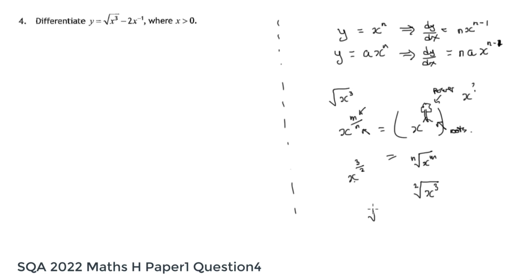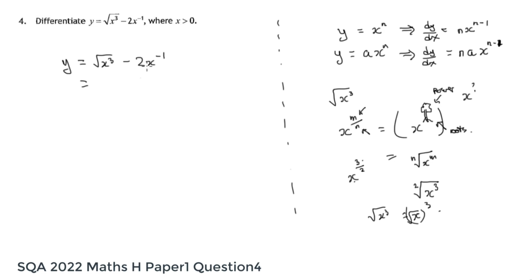Doesn't matter whether it's the square root of x cubed or x, the square root of x cubed. Both of these are the same. But in this case, they're cubing x and square rooting. x to the 3 over 2. So let's first of all rewrite this. We'll write the question down again. There it is.